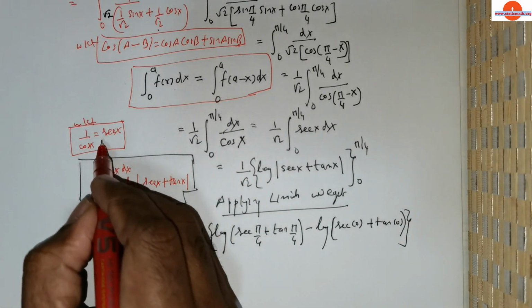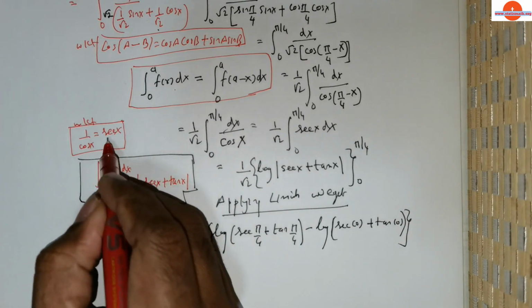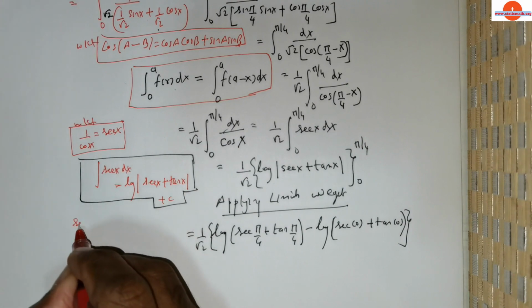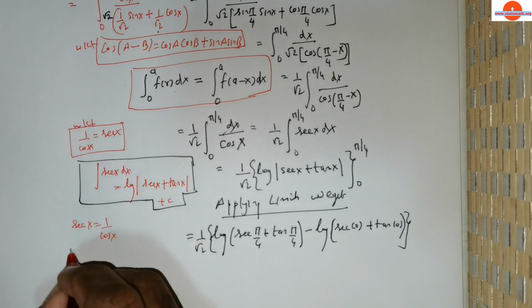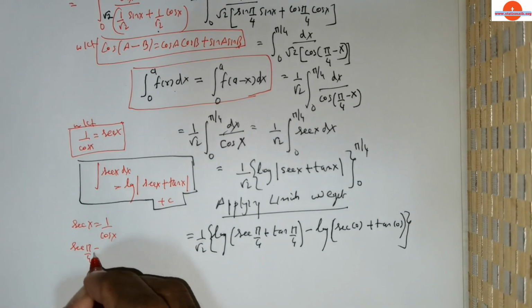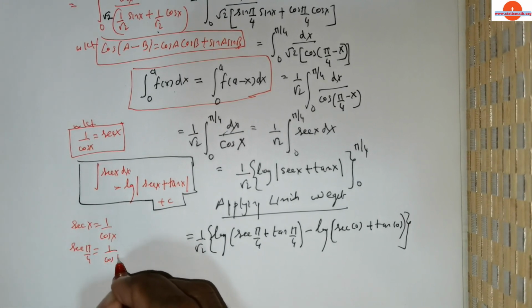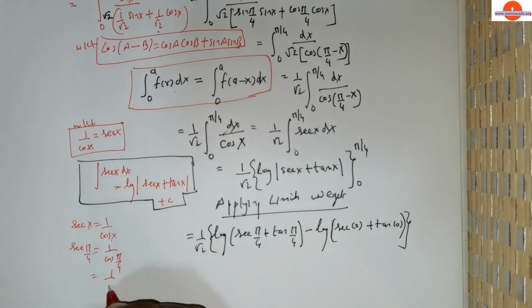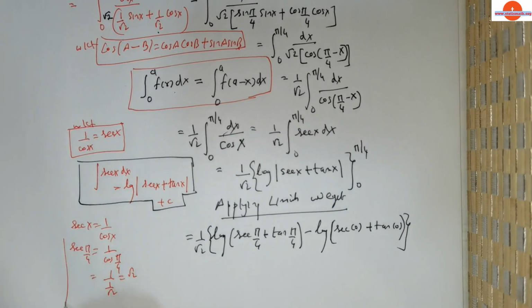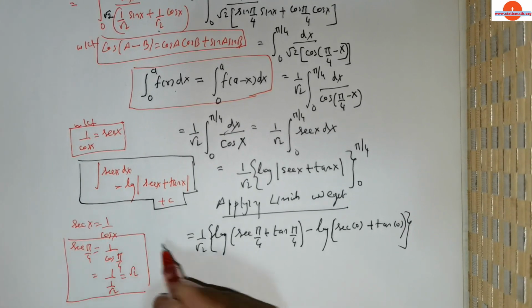Now, we know this formula that secant x is 1 over cos x. So, secant pi over 4 is nothing but 1 over cos pi over 4. Cos pi over 4 is 1 over root 2, which means secant pi over 4 is root 2.